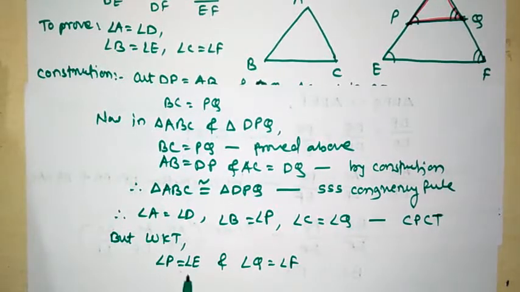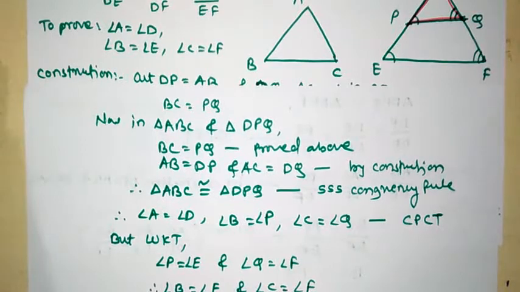Therefore, see here, angle P = angle B and angle P is also equal to angle E. Can we equate angle B = angle E? Therefore, angle B = angle E. And see here, angle Q is also equal to angle C and angle Q is also equal to angle F. Therefore, can we equate angle C = angle F? Angle C = angle F.